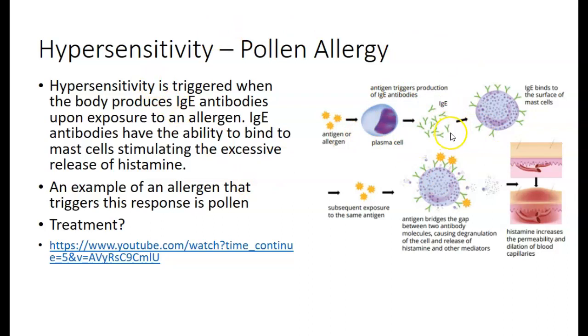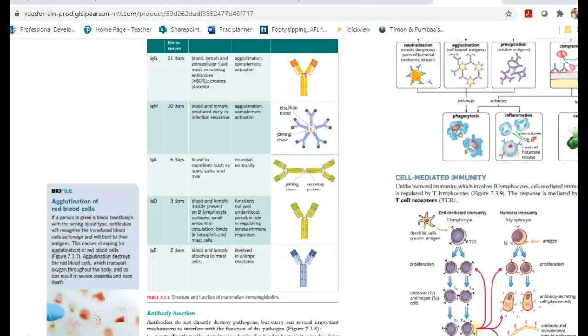However, the difference between an IgG and an IgE antibody is that IgE antibodies, their constant region has a shape that binds to the surface of mast cells. So this base area of the IgE antibody has the capacity to stick onto mast cells.